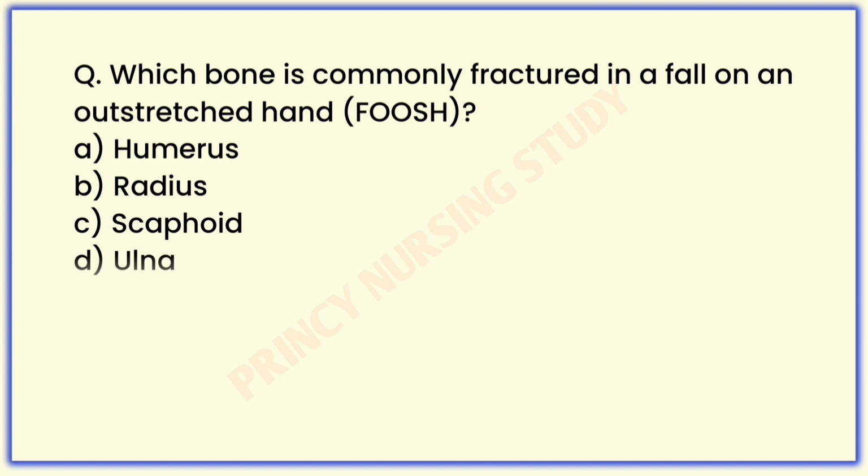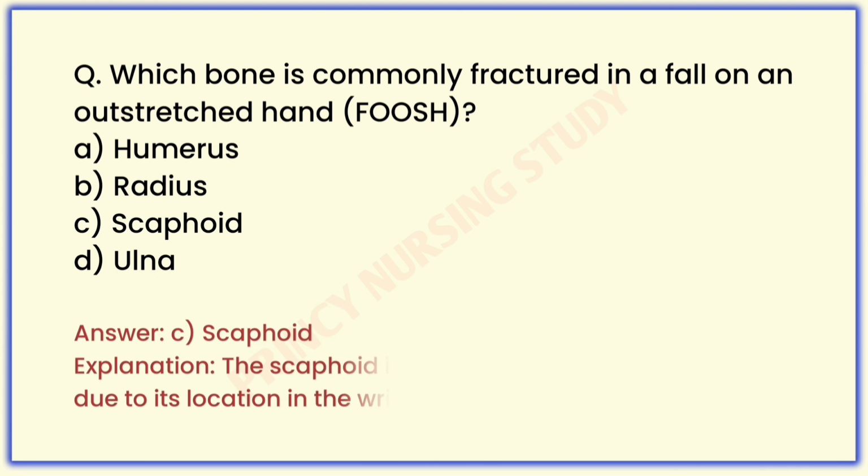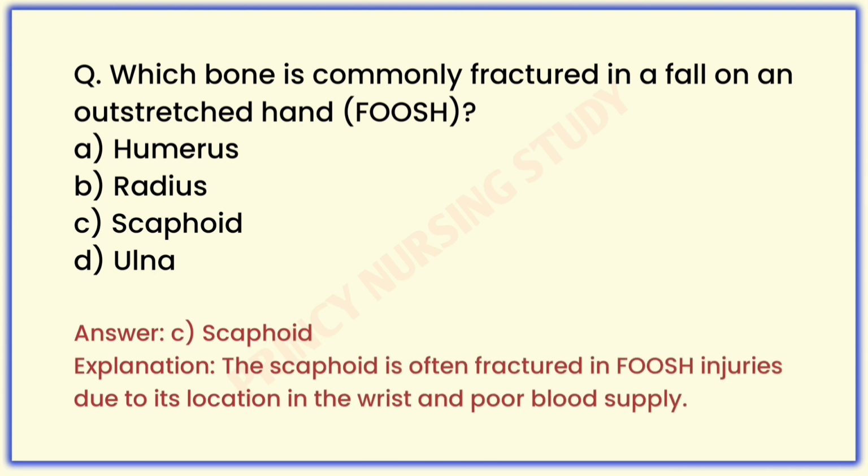Which bone is commonly fractured in a fall on an outstretched hand? FOOSH. Correct answer is C. Scaphoid. The scaphoid is often fractured in FOOSH injuries due to its location in the wrist and poor blood supply.